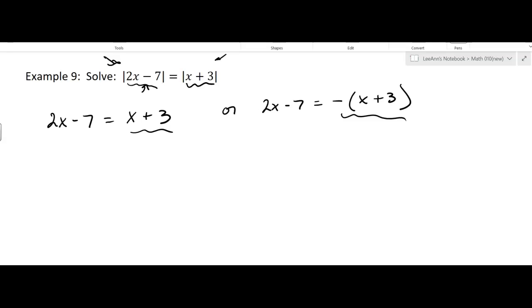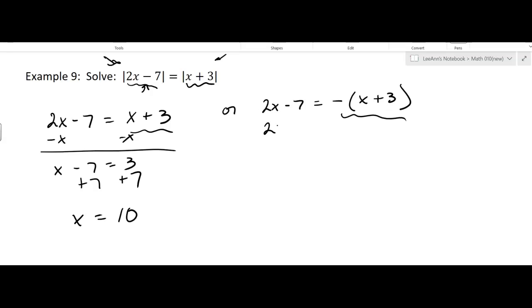And then we're going to get 2 answers. These are just linear equations to solve. Subtract the x. x minus 7 equals 3. Add the 7. Here I get x equals 10. And on this other one, I have to distribute the minus sign. And then I'm going to have to add x.